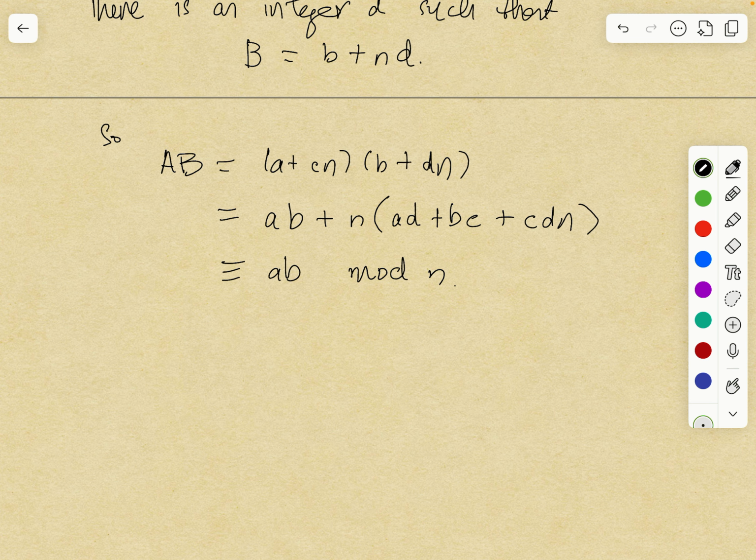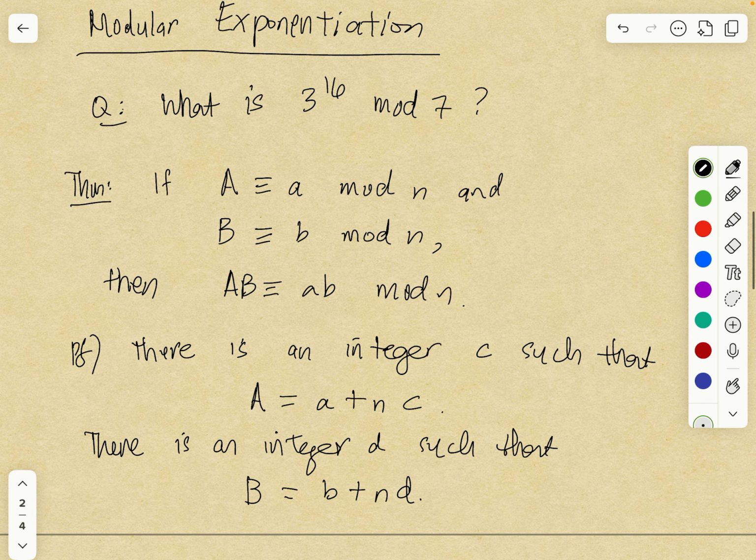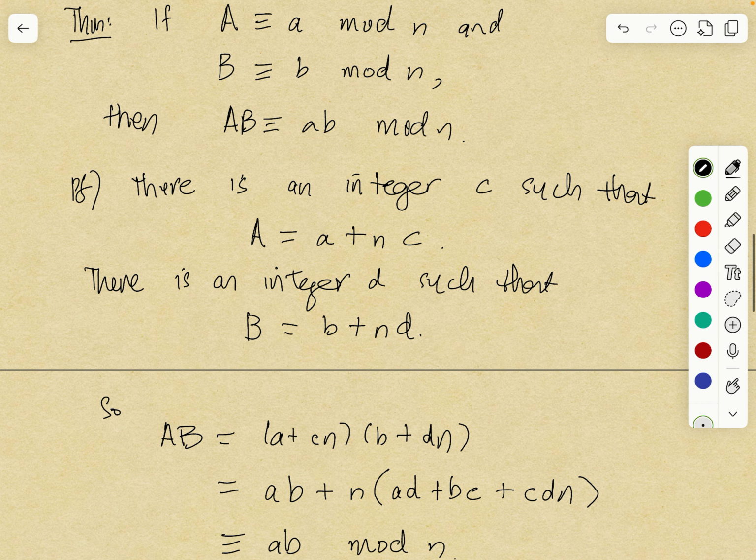We can use this to calculate 3 to the 16th mod 7 just by reducing mod 7 before we multiply. This theorem says that if you want to calculate capital A times capital B, you can reduce mod n first.